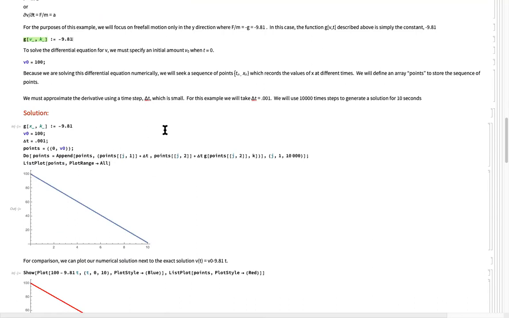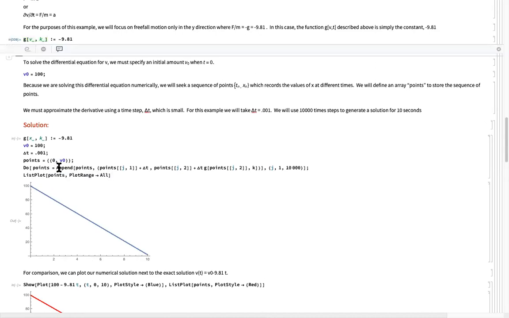And then at each iteration, I'm going to update the previous value of time by delta t. And I'm going to update the previous value of the function we're solving for, which in this case is the velocity, by taking the previous value plus delta t times g, whatever that was, which in this case is just going to be 9.81. And we do this over and over and over, and it's going to generate a solution.